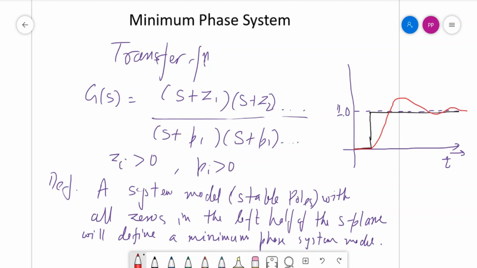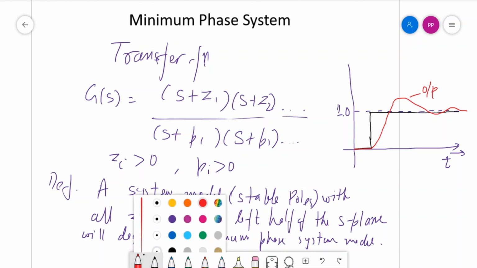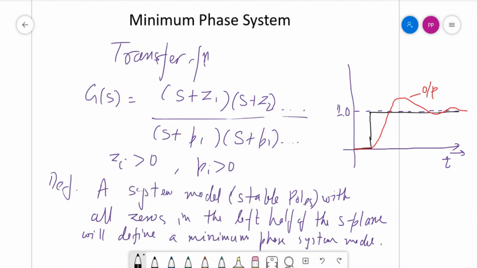Here this is the output, and this is the input. We can see that there is actually no delay between the input and the time the response starts appearing. Such a system will form the minimum phase systems.